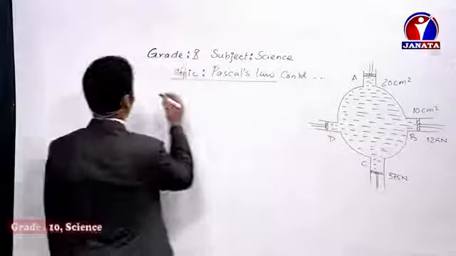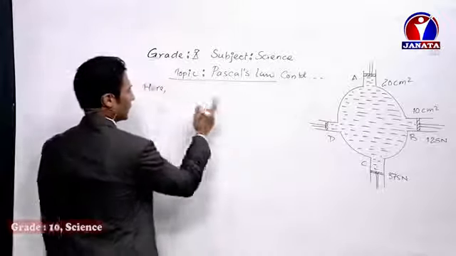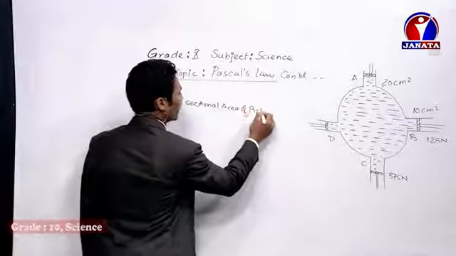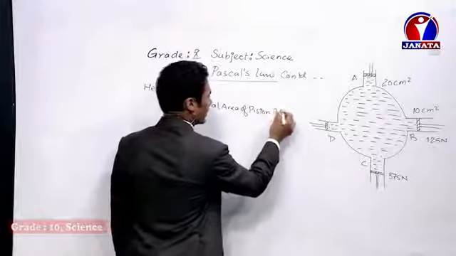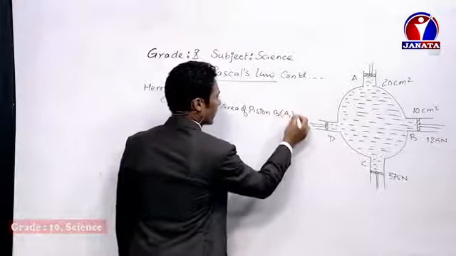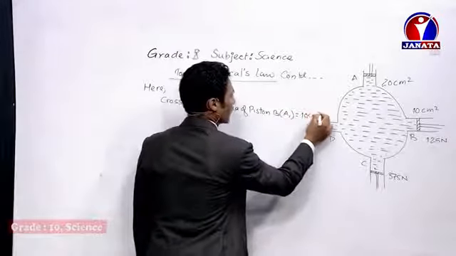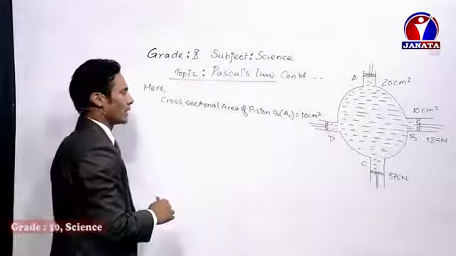So let's see here, the cross-sectional area of piston B, let's say it is A1. The area is given as 10 centimeter square. Let's change this into meter square.